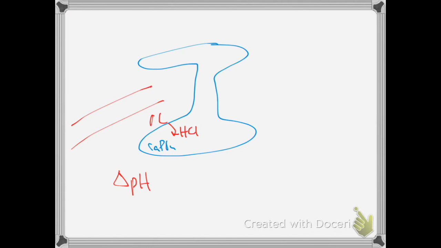So when I have my change in pH, that's going to cause these calcium ions and phosphate ions, or this salt, to become soluble, and they'll go from the salt version to the ion version. So hydrochloric acid is responsible for the conversion of this insoluble salt, this hydroxyapatite, back into these soluble ions, where they can then be put back into the bloodstream.